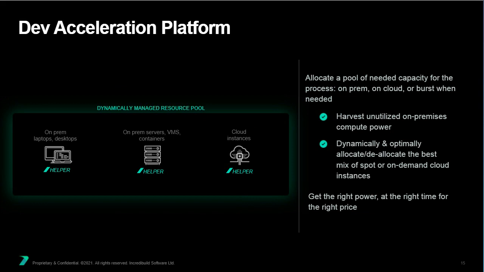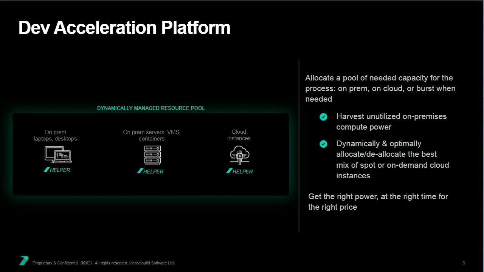There's an agent that we call a helper that will sit on any of these resources, and it'll be seamless. What that will do is find that unutilized on-premise compute power, or that can be in the cloud. And then basically, we are guaranteeing that you get the right power at the right time for the right price.